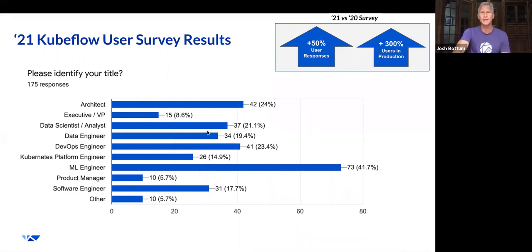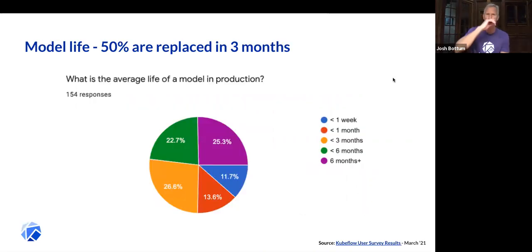But there are also many data scientists, as well as data engineers, DevOps engineers, Kubernetes platform engineers, and software engineers. Great news: we had a 50% increase in user response to about 180, as well as a 300% increase in the number of users in production with Kubeflow.